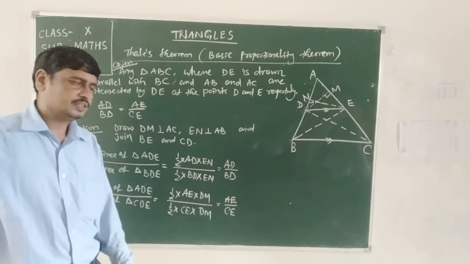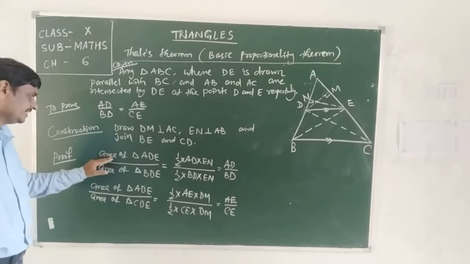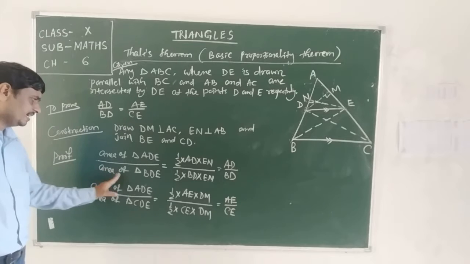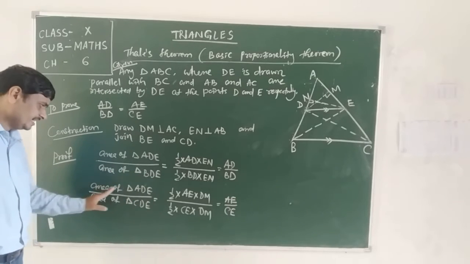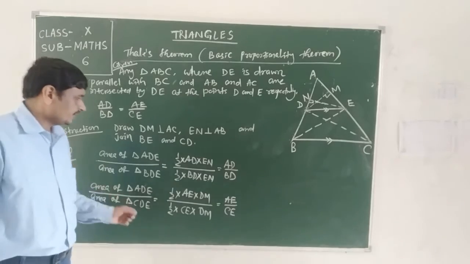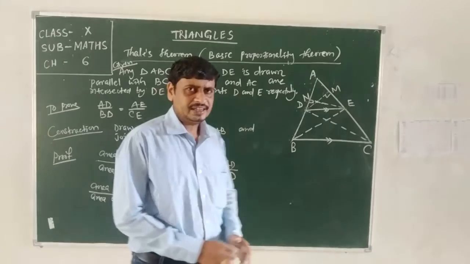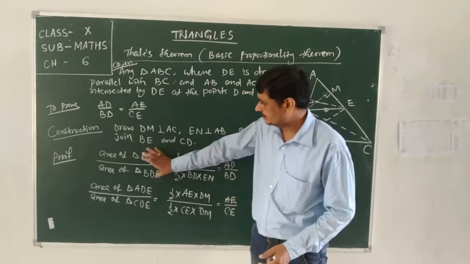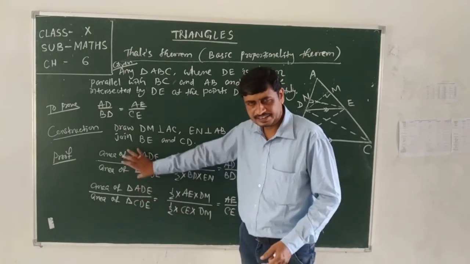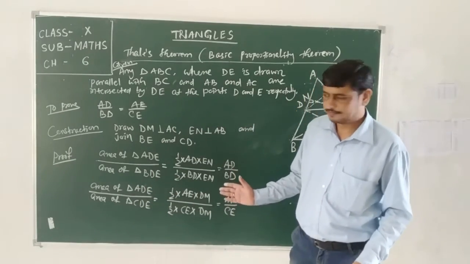Now look at the left sides of these two relations: area of triangle ADE to area of triangle BDE, and area of triangle ADE to area of triangle CDE. We have to make these two ratios equal. If we can equate these two left sides, then the right sides will be equal.